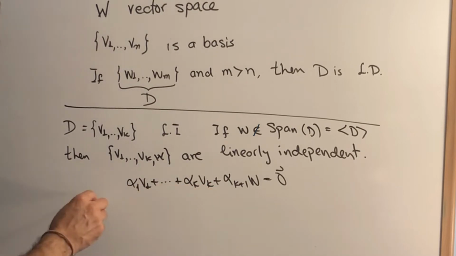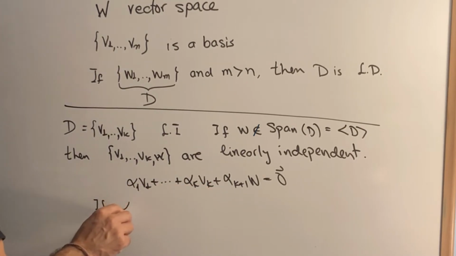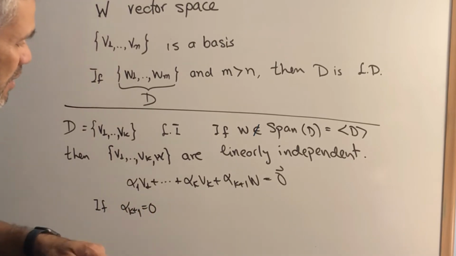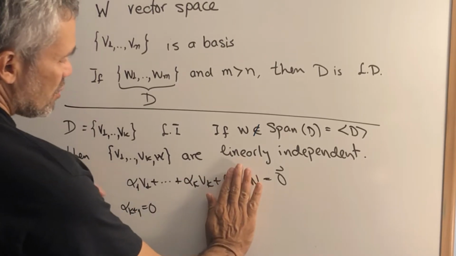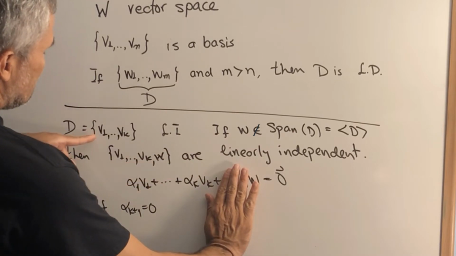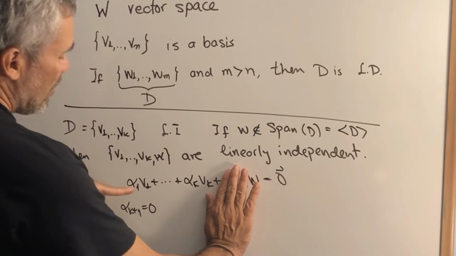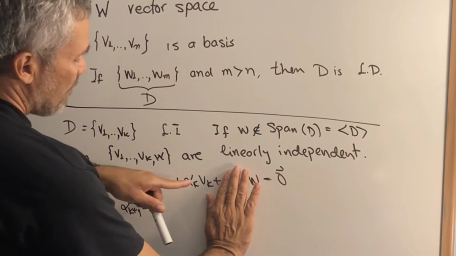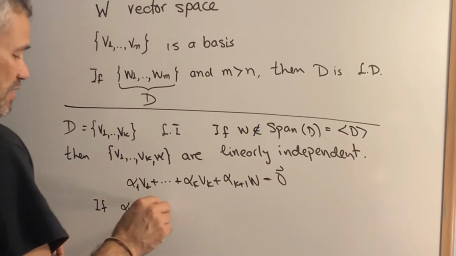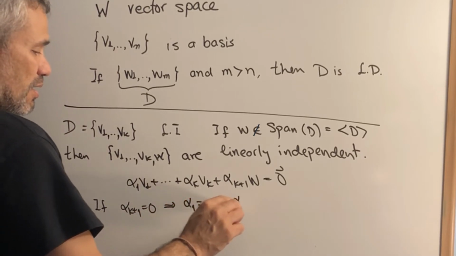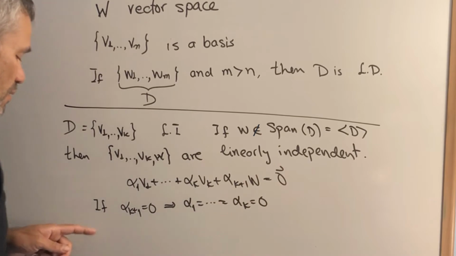First condition, in the case that alpha k plus 1 is equal to 0, then we get that this linear combination must be 0, but since these vectors b1, b2 up to bk are linearly independent, then we conclude that alpha 1 up to alpha k are also equal to 0. And if this happens, then alpha 1 equals alpha k equals 0.